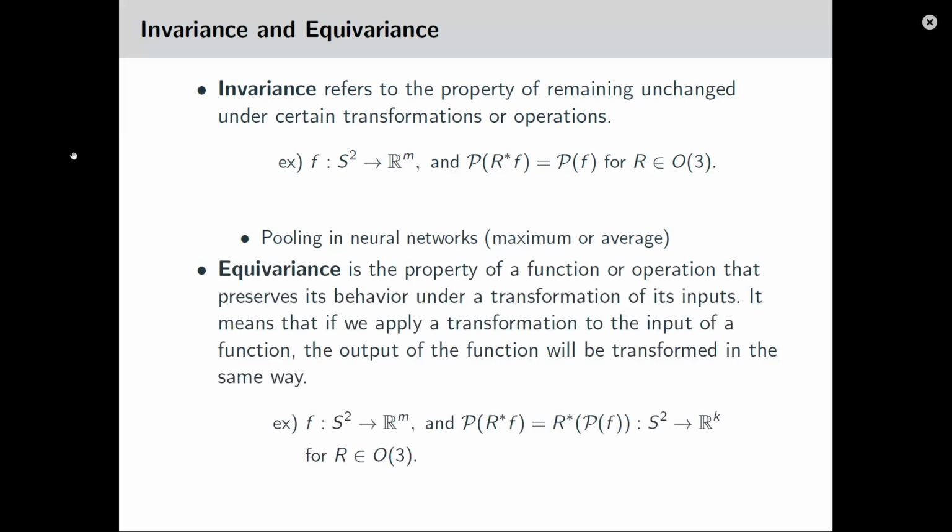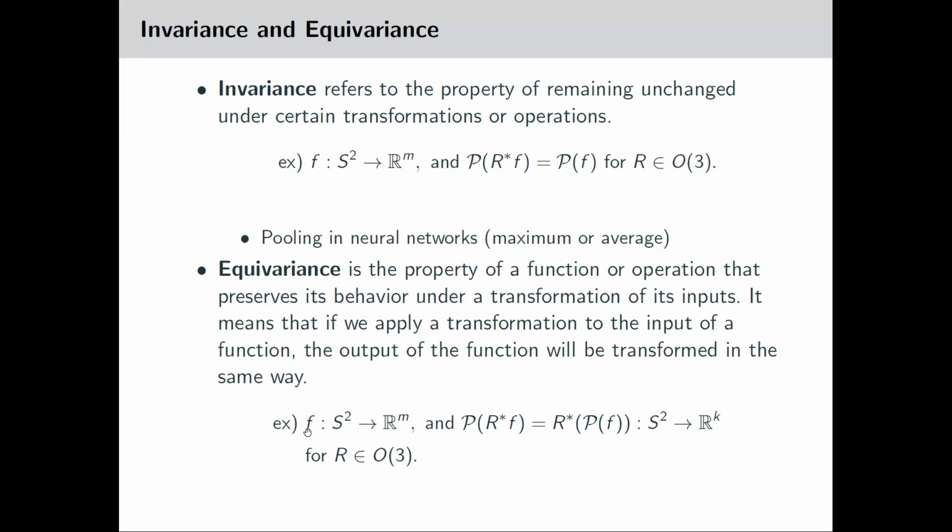Okay, so the next term is equivariance. Actually, for me, this word was a little less familiar than invariance. Equivariance refers to the property that when a transformation is applied to the input of an operator, the same transformation is also applied to the output in a consistent manner. Let's look at an example again.